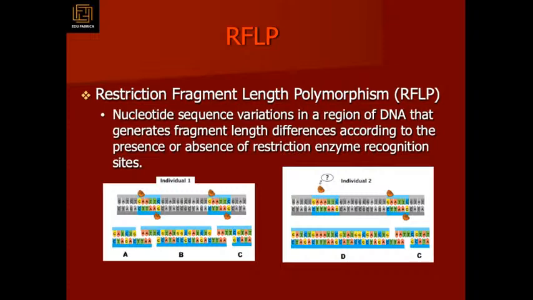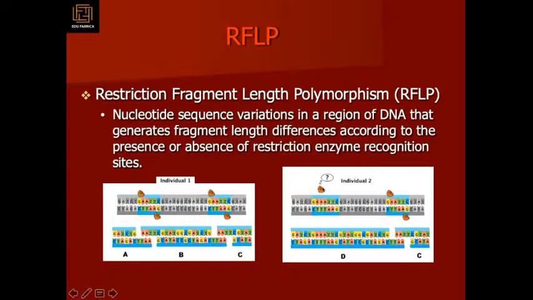So, RFLP, restriction fragment length polymorphism. Here we can see nucleotide sequence variations in regions of DNA that generate fragment length differences according to the presence or absence of restriction enzyme sites. Individual one is cut at two different sites, producing three parts; here only two, leading to only two parts.